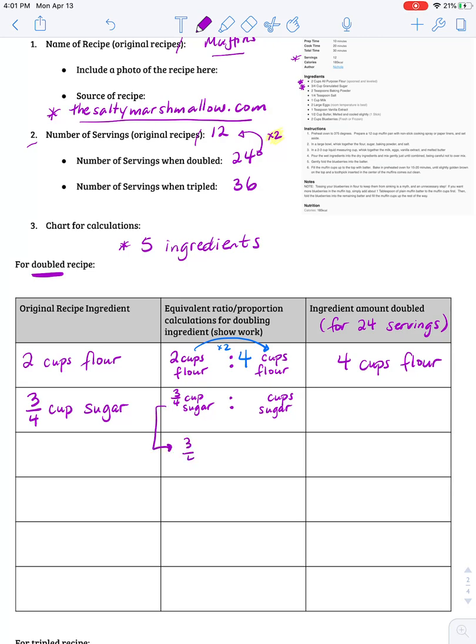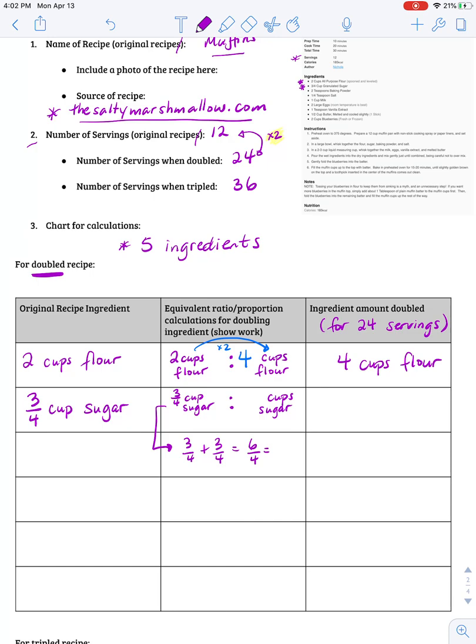So if you were to double it, if you did 3/4 plus 3/4 here, you would get 6/4 of a cup of sugar. And look, this is something you definitely can do. If you know that 6/4 of a cup of sugar is 3/4 plus 3/4 and you're doubling the amount, well, what is 6/4 as a mixed number?